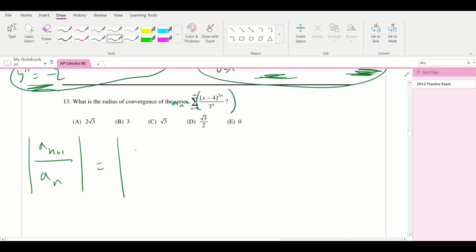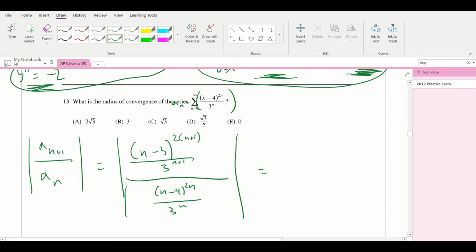So we have (n minus 3) to the power of 2n plus 1 over 3 to the power of n plus 1, all over (n minus 4) to the power of 2n over 3 to the power of n.